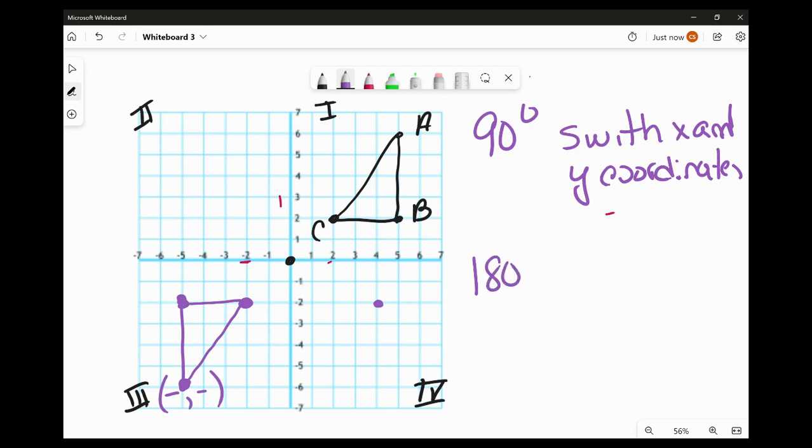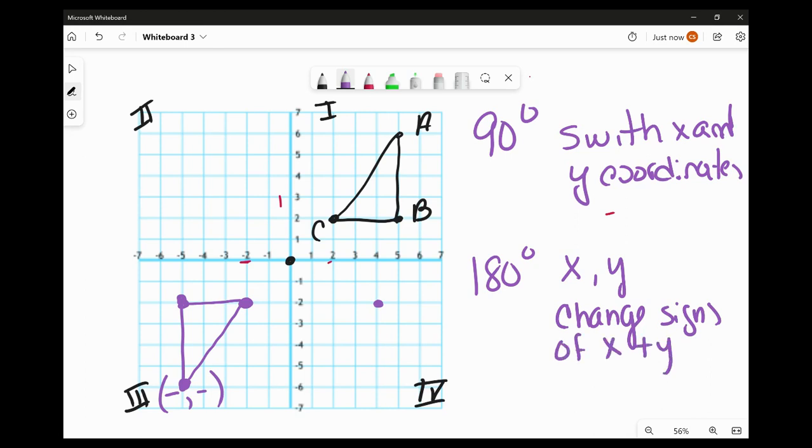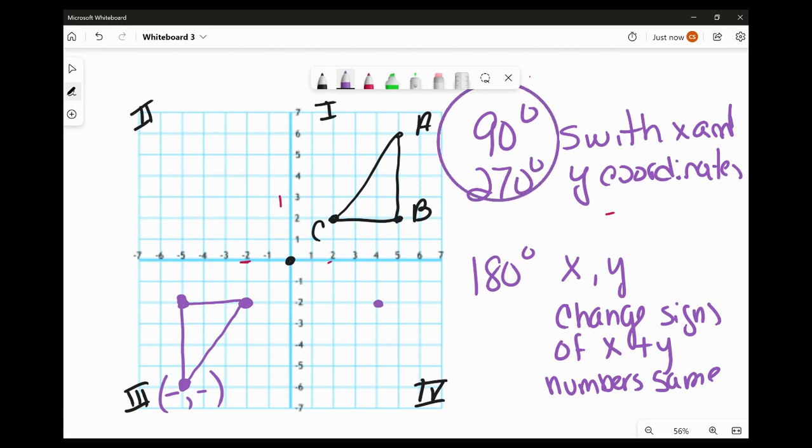On a 180-degree rotation, the numbers stay the same. All you do is change the signs of both the X and the Y, but the numbers stay the same. For 270 degrees, it follows the rule for 90 degrees. And that's all you need to know.